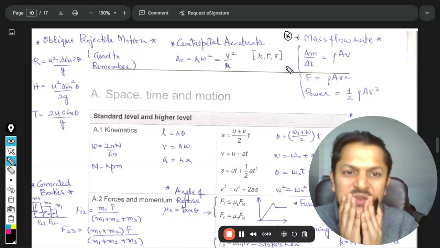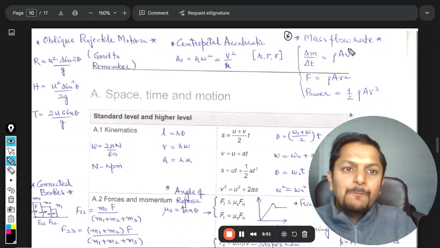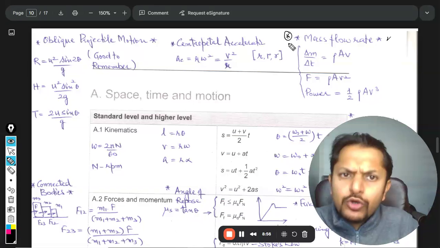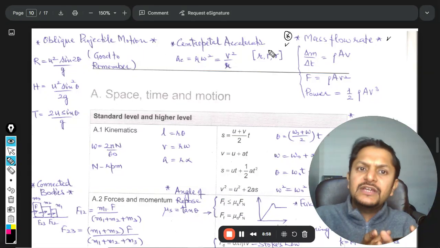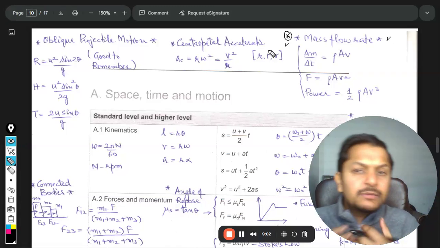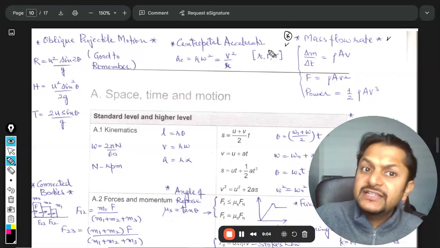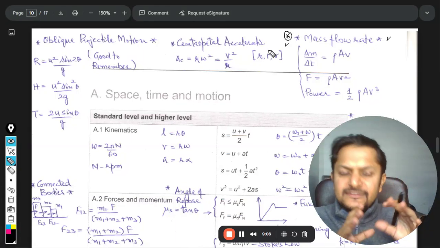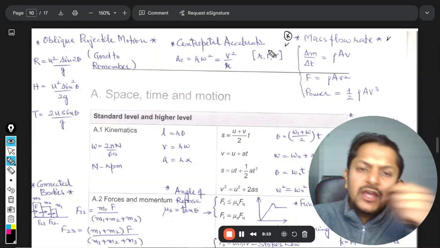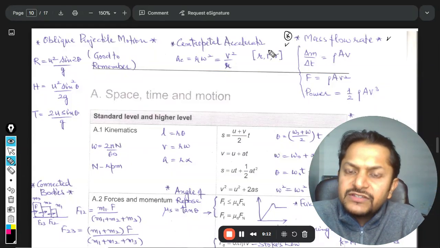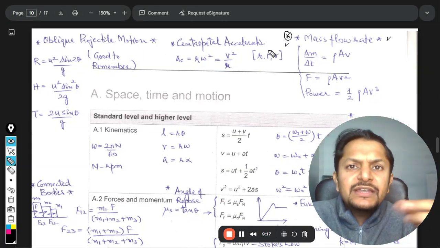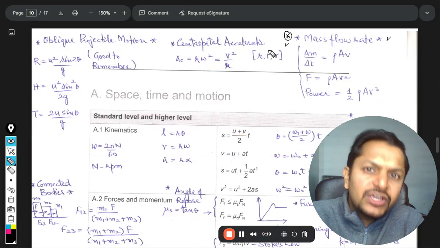Now we are coming to a gray zone. There is a topic, mass flow rate, and some of the books are literally talking about it. You can find these formulas in Homer, but some other books are not using these formulas. Prior to the updation of the syllabus, in the old syllabus this was part of the syllabus, but now it has become a bit more tricky.